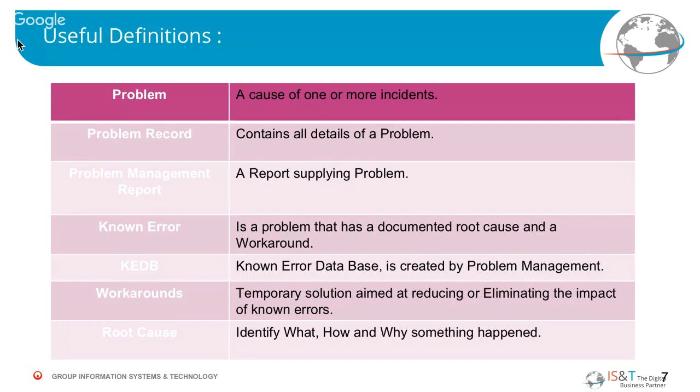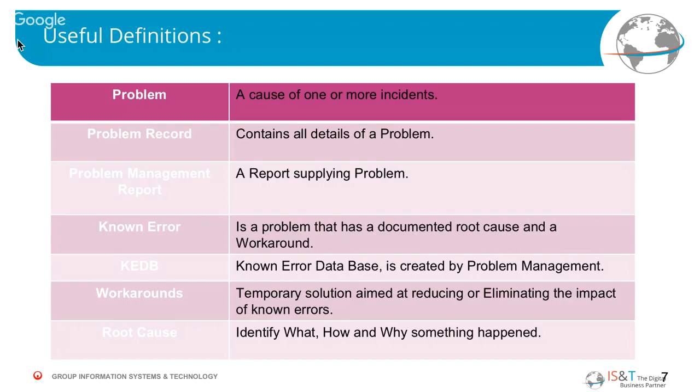What is a workaround? The workaround is a temporary solution aimed at reducing or eliminating the impact of known errors, for which a full resolution is not yet available. Okay, and finally, the root cause. The root cause is to identify what, how, and why something happened, so you can identify a solution.